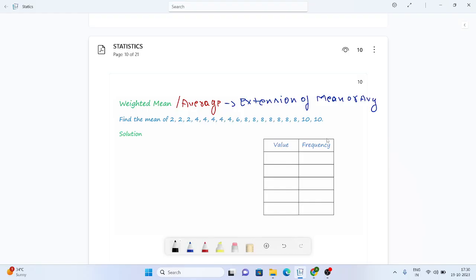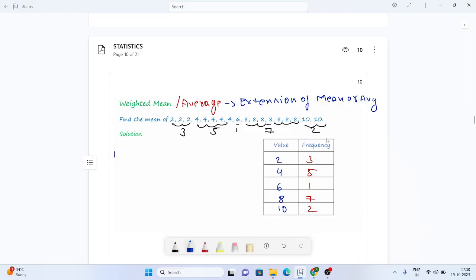Here you see 2 comes 3 times, 4 comes 5 times, 6 comes 1 time, 8 comes 7 times, and 10 comes 2 times. So this is the frequency. Frequency is nothing but the number of times a term is repeated. If I fill this table, the values are 2, 4, 6, 8 and 10, where 2 comes 3 times, 4 comes 5 times, 6 comes 1 time, 8 comes 7 times, and 10 comes 2 times.